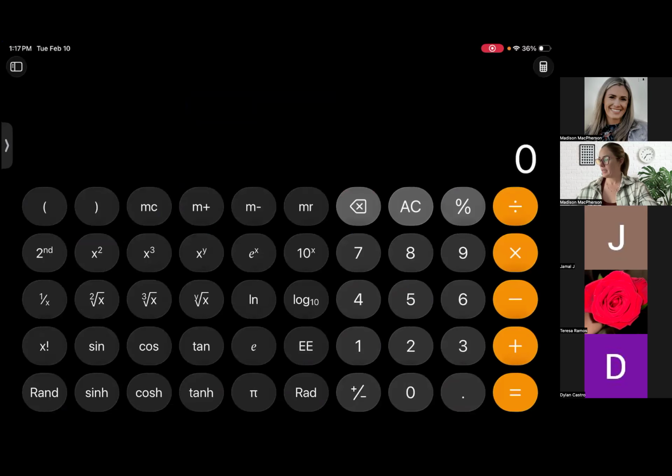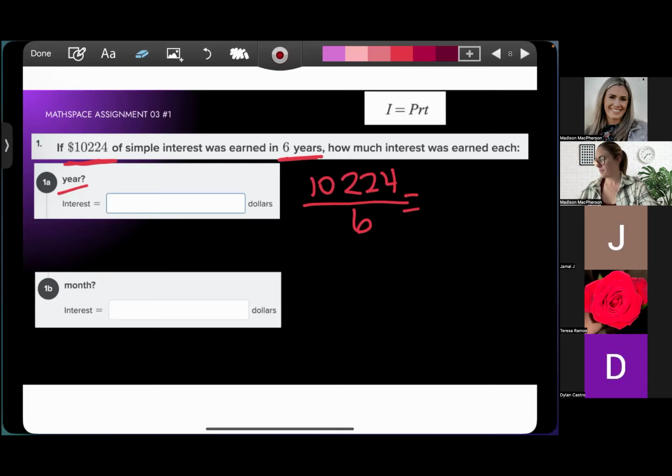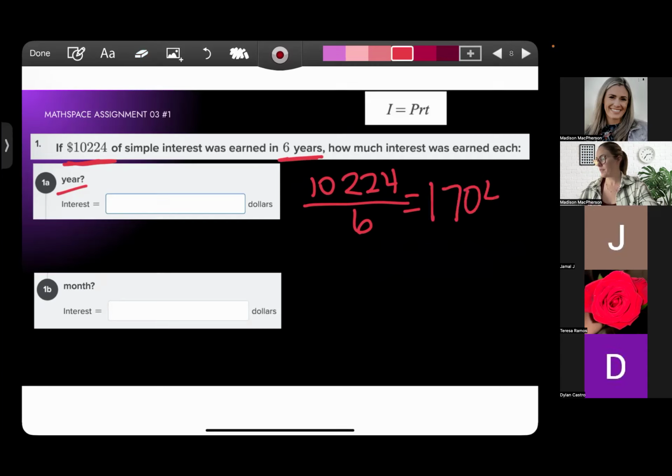We had 10,224 divided by 6. Get 1704. So this first one is $1,704. So each year there was $1,704 earned.